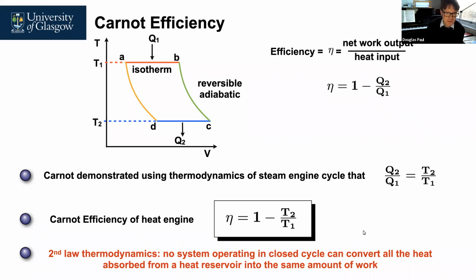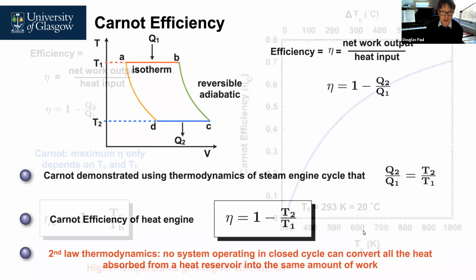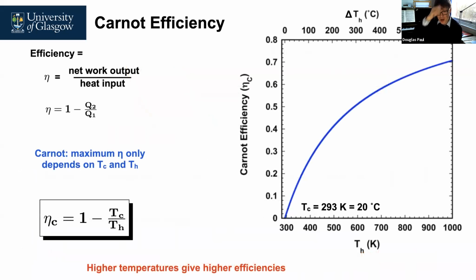So let's see what this means in terms of efficiencies you can get in heat cycles. So Carnot is basically the maximum efficiency you can get out of any delta T in the system. We can rewrite it, and you may see Carnot written as T cold divided by T hot. That's sometimes easier for students to understand which temperature to put in and which part of the equation.